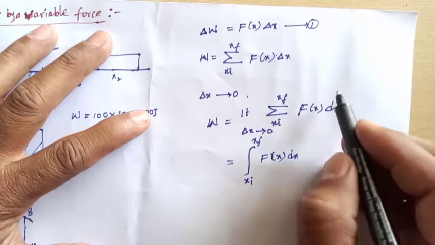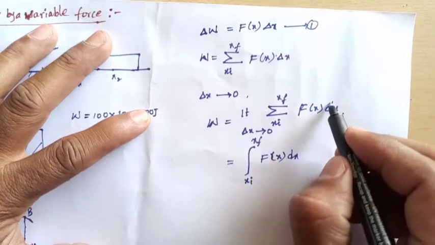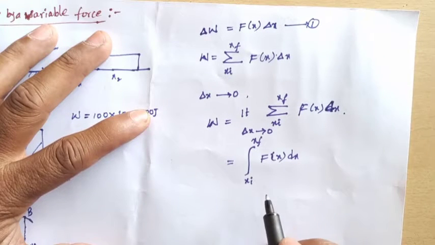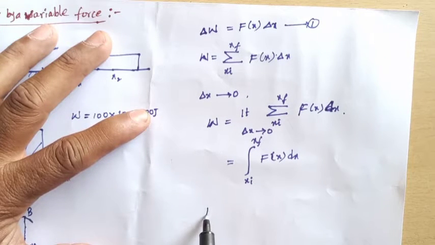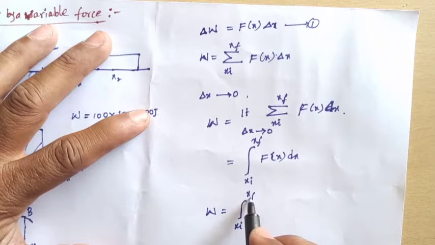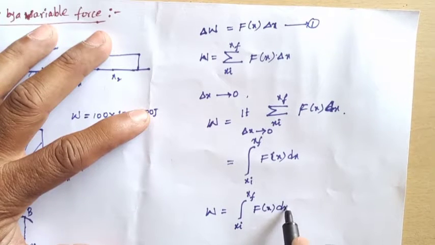So the total work done by the variable force, the total work done on the body, W equals integration from xi to xf of f of x into dx.